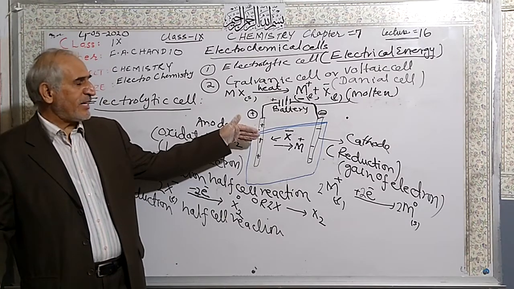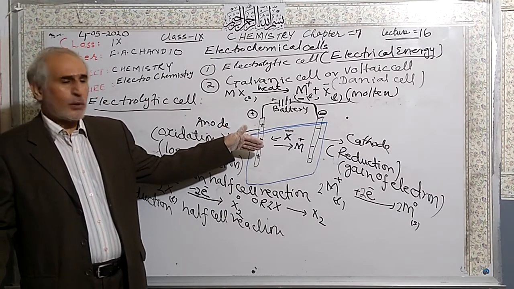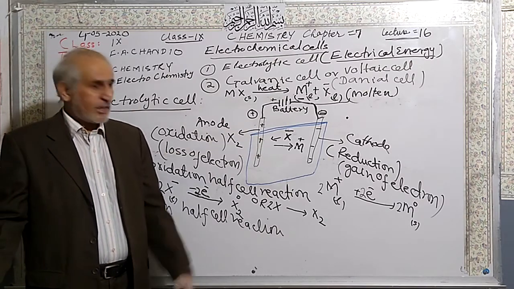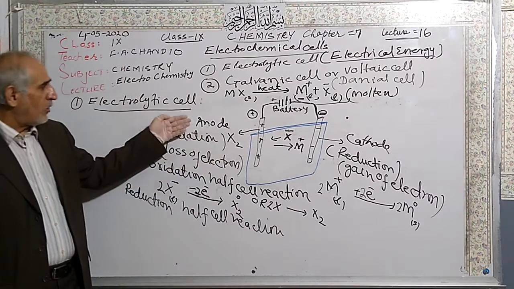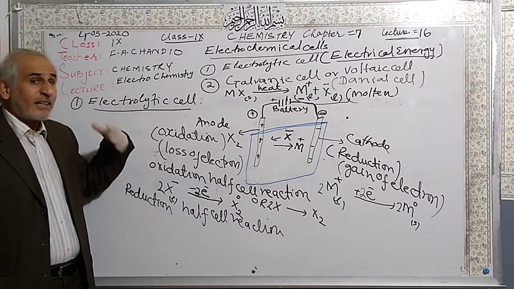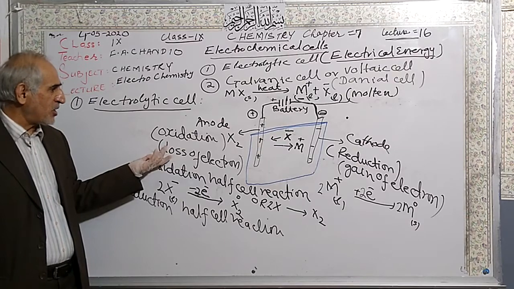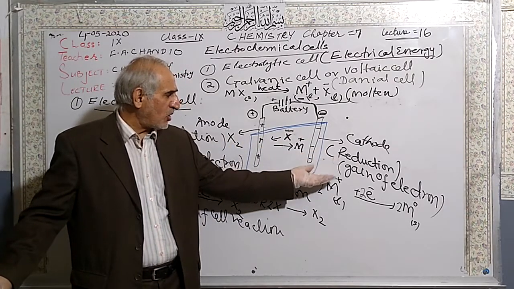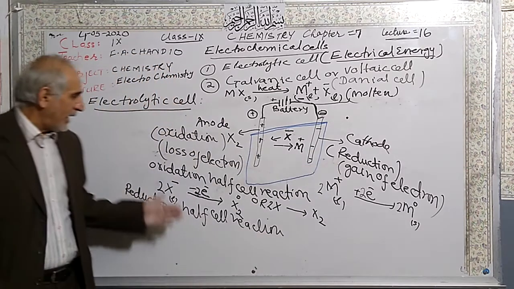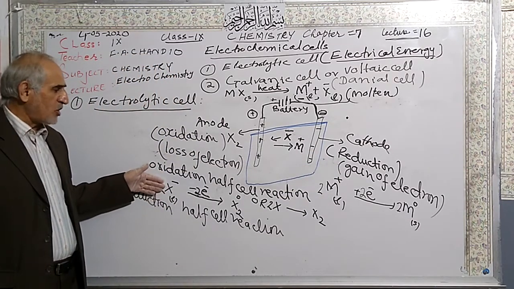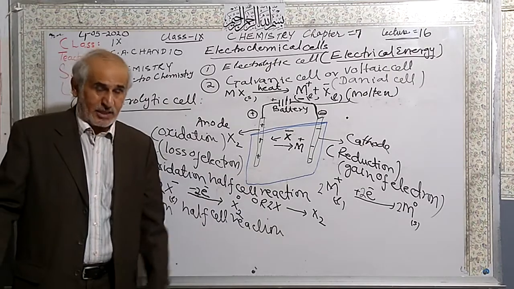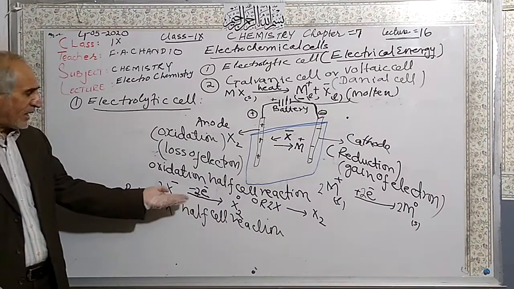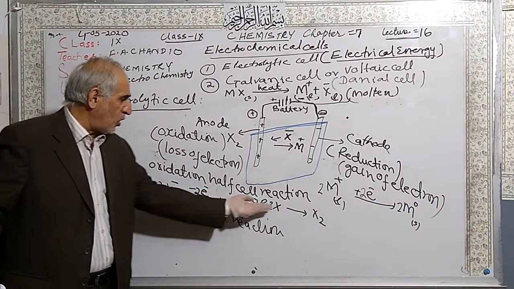If you understand this process, you can understand all the electrolytic processes well. So you have to understand what the anode is, where the oxidation takes place, and what oxidation is, and what the cathode electrode is, what happens at the cathode, and what reduction is, and how I write the half-cell oxidation reaction and half-cell reduction reaction, and how I mention the number of electrons, and the way of writing the chemical equation, either in this form or in this form.